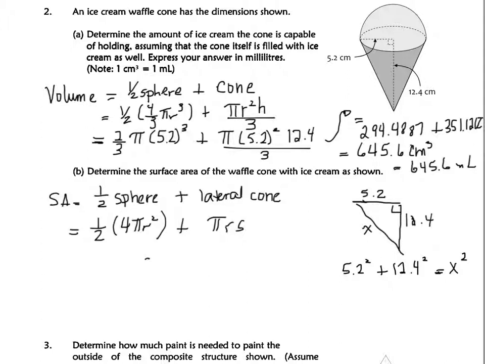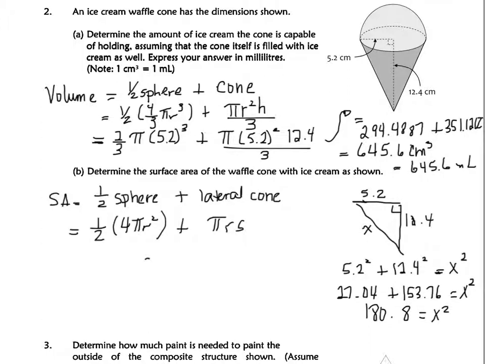So 5.2 squared is 27.04, plus 12.4 squared is 153.76. So if you add that to the 27.04, you get 180.8.